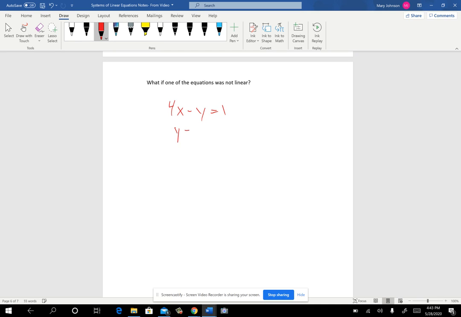The other extension is maybe one of the equations isn't linear. Maybe something like this. So let me look at what happens when you have something like that. It'll put together what we did, our first idea in the class, together with systems. So I'd like to get you to see that.